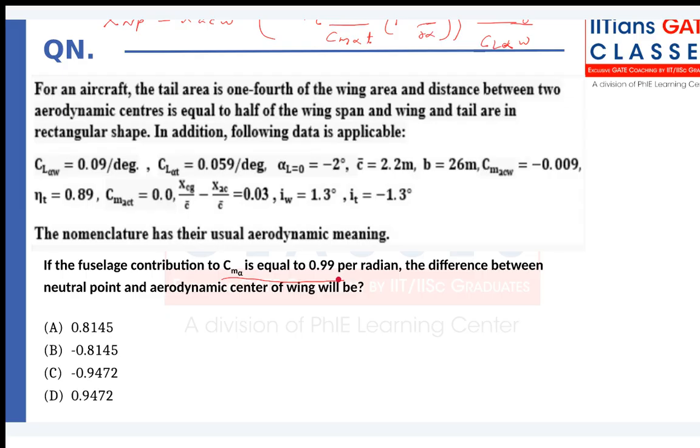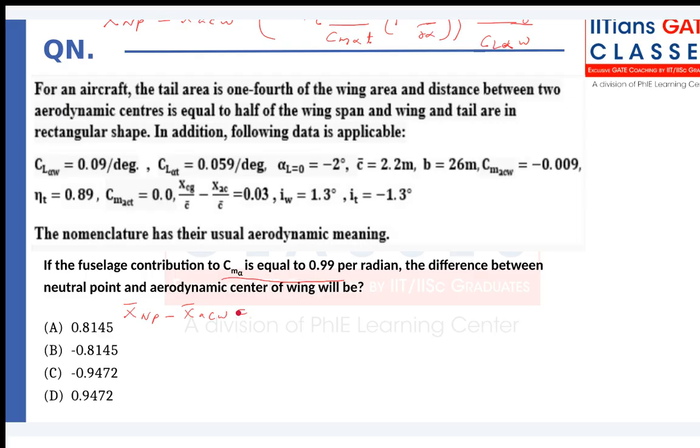Have you been able to solve this? Okay, let's try doing it. I'll rephrase that: x bar NP minus x bar AC wing, that's what they've asked you to find out, is equal to minus of minus VH.